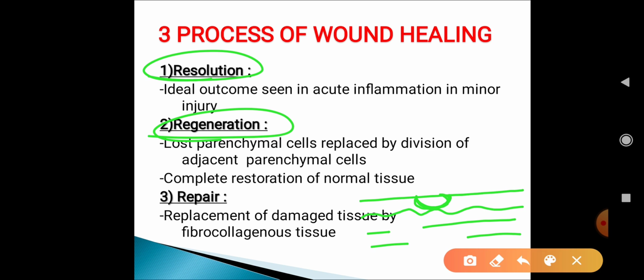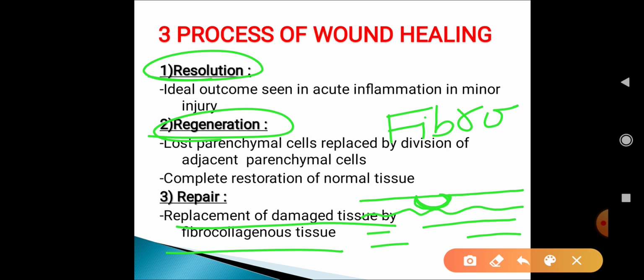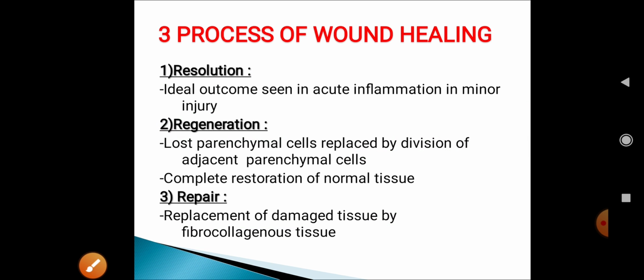What will happen? There will be replacement of the damaged tissue by fibrocollagenous tissue. In simple words, we are filling the defect with fibrosis. Because of the wound, a gap is formed, and that will be filled by a fibrotic process. It will be replaced by fibrocollagenous tissue, and that is wound healing, that is the repair mechanism.